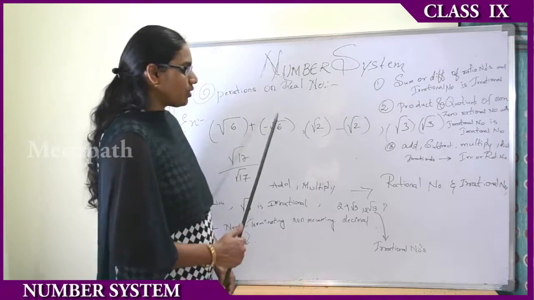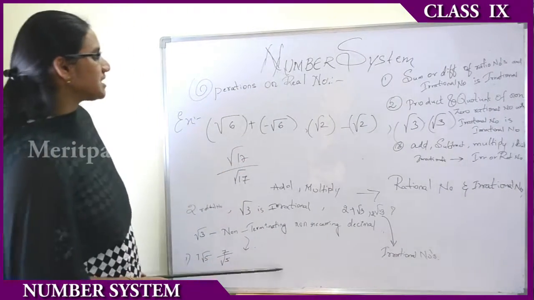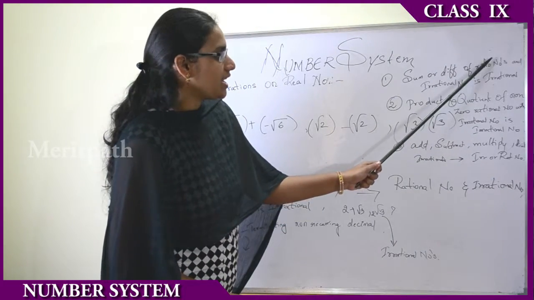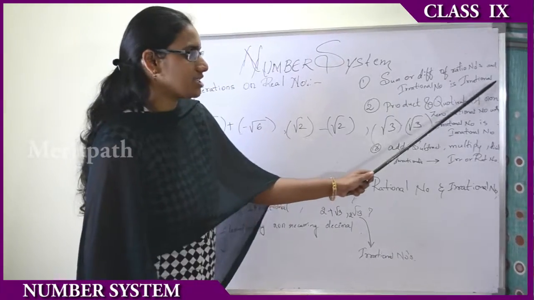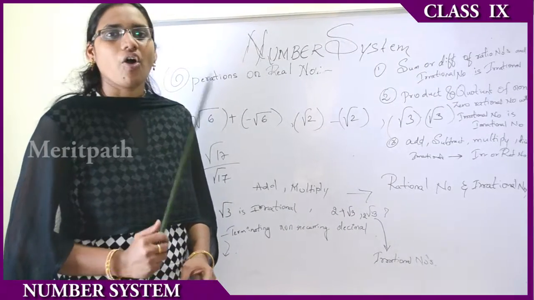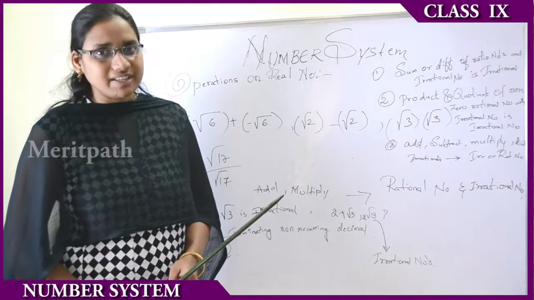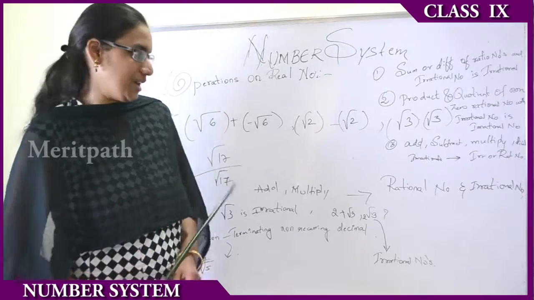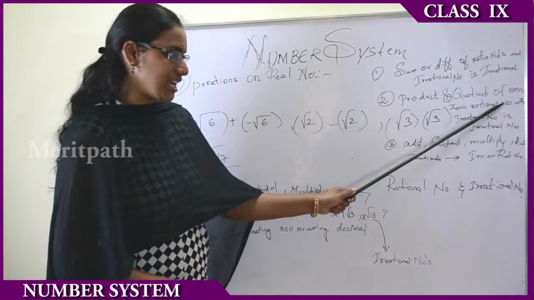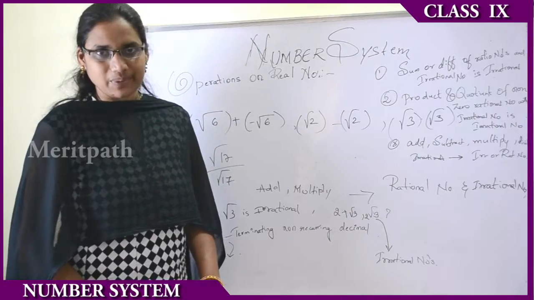These are the important points we analyze from these operations on real numbers. The sum or difference of a rational number and an irrational number is an irrational number only. The product or quotient of a non-zero rational number with an irrational number is an irrational number only.